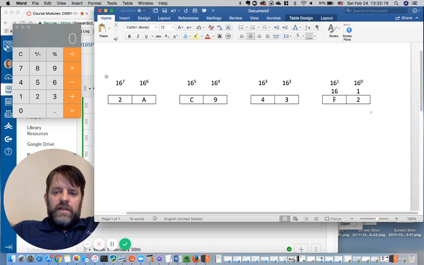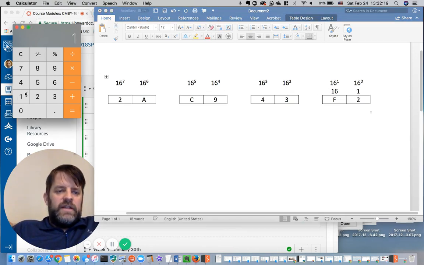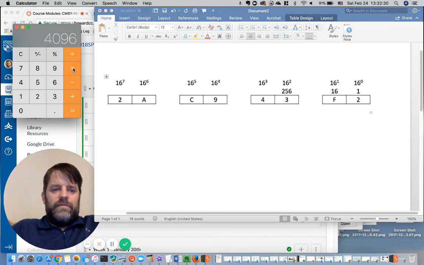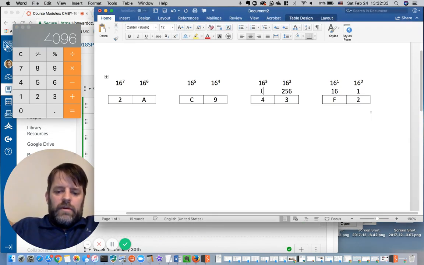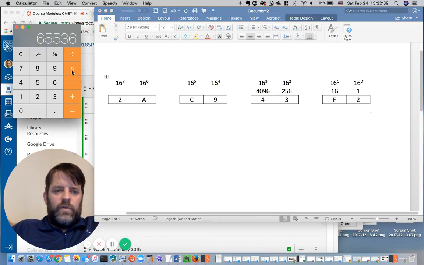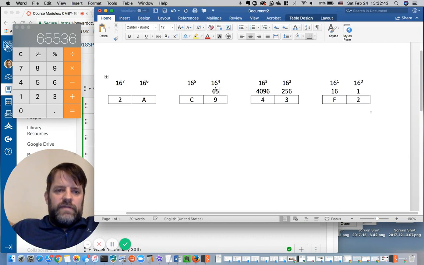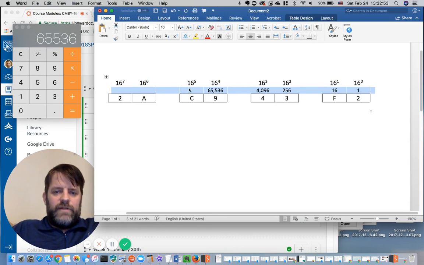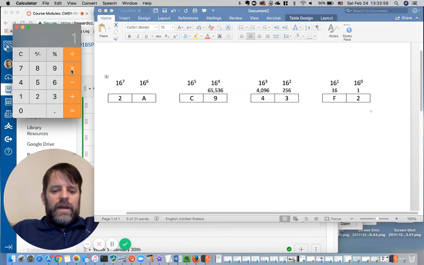This is the 1's place. This is the 16's place. 16 times 16, that's why I have the calculator up here on the screen, is 256. That one I knew. Multiply by 16 again, it's 4096. Multiply it by 16 again, and you've got 16 to the 4th power, 65,536. I'm going to start putting some commas in here to make it easier to see the thousands, and I'm going to have to decrease the font size of this row because it's about to get really big.